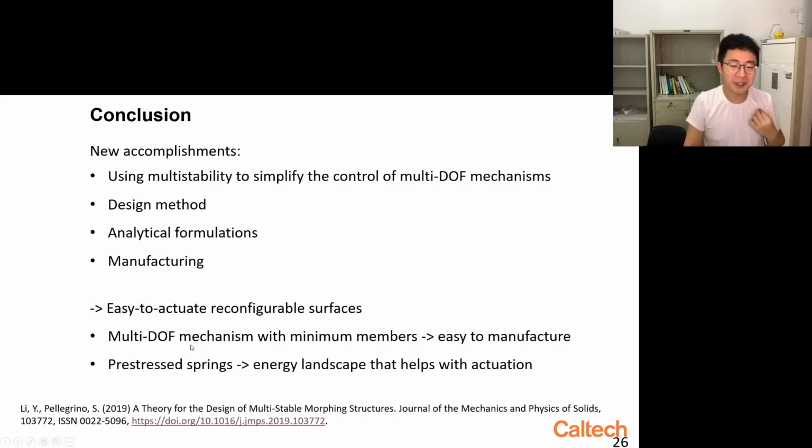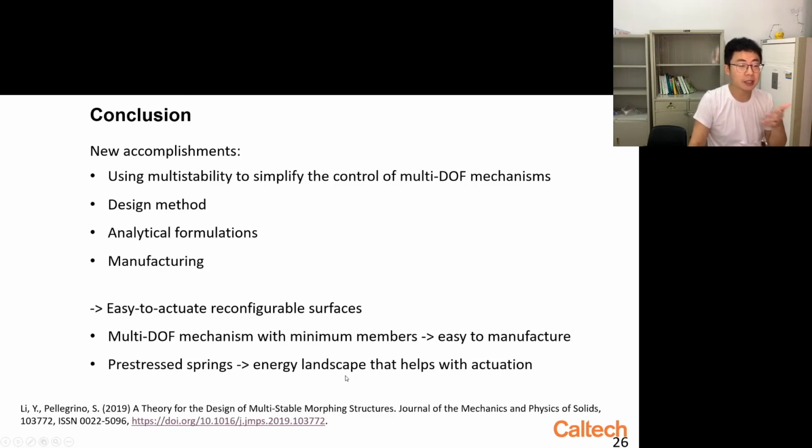So my solution is, let's give up on degree of freedom, and this ends up with something that's easy to manufacture, right? It's a very simple structure. It's not well constrained, and members or elements are very few. But we deal with this degree of freedom by springs, by energies, right?